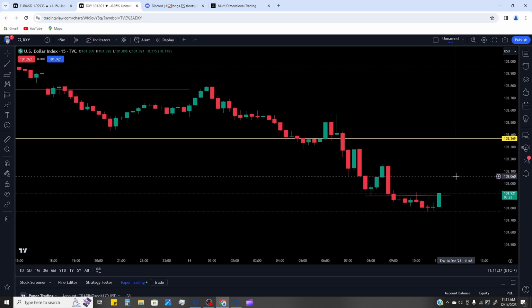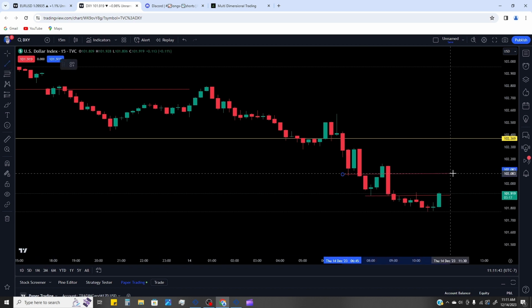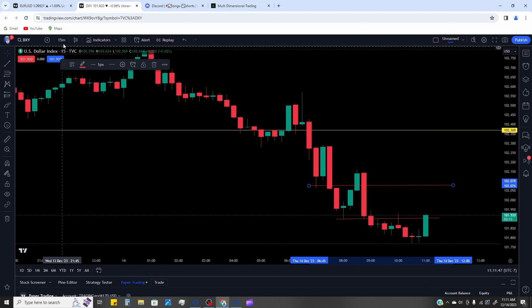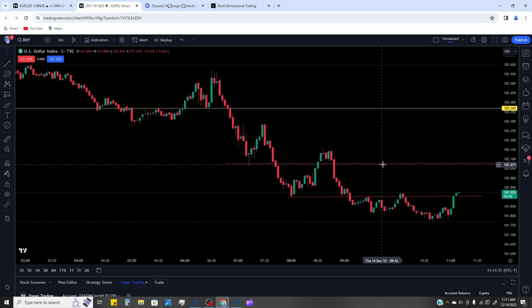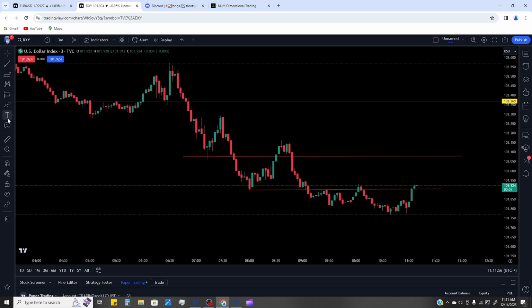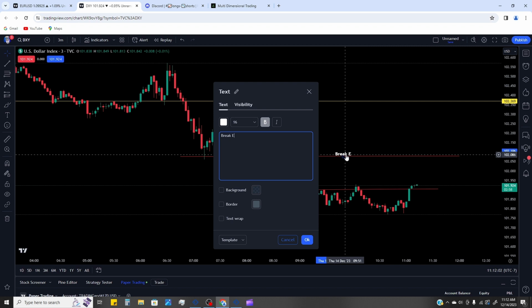We can see here DXY would probably run right into that area as a resistance, which would be break evens for people who got flushed out earlier. See that nice perfect line right there? So we're looking for price to run into that area and basically give them their money back.